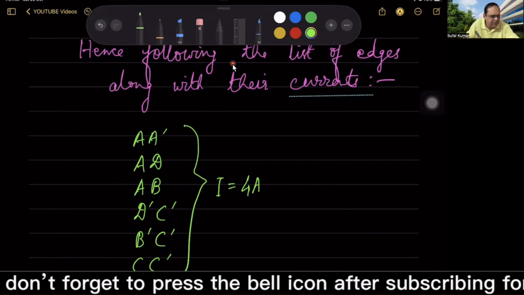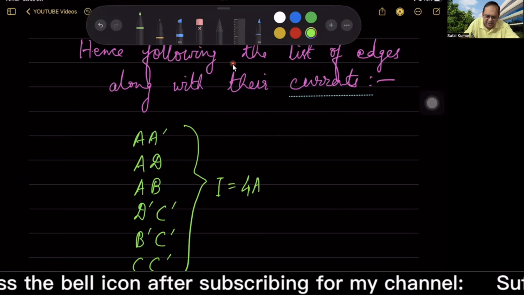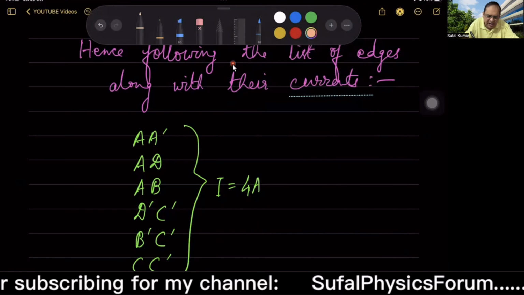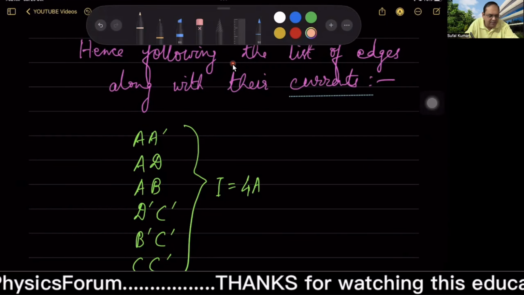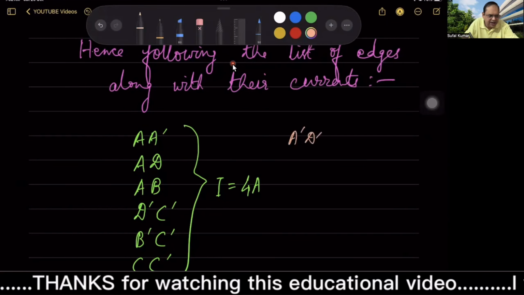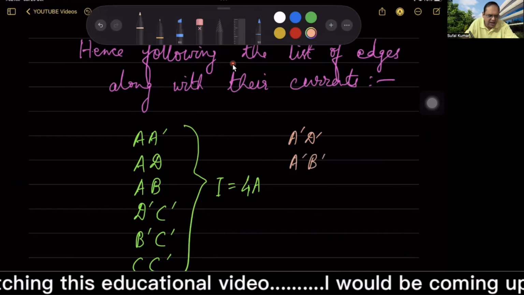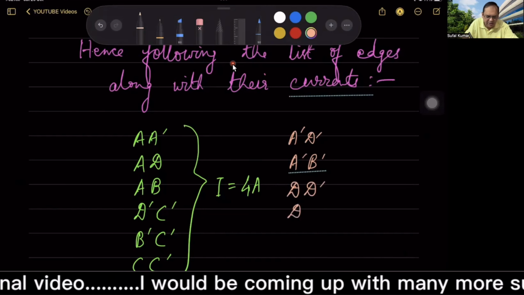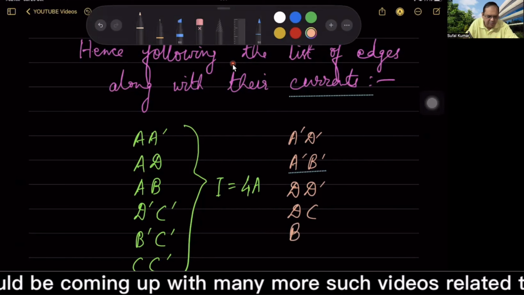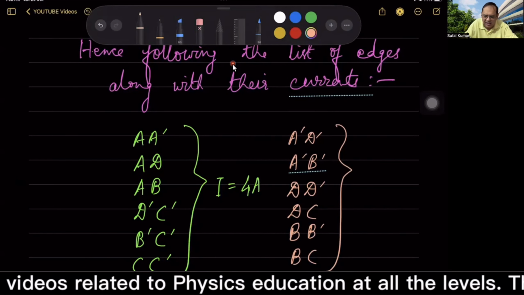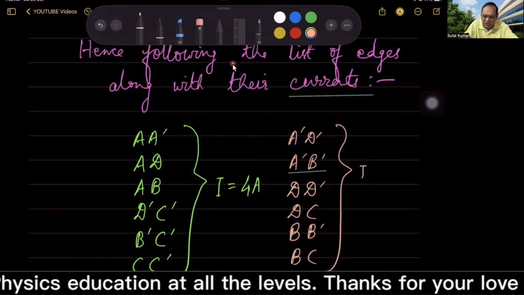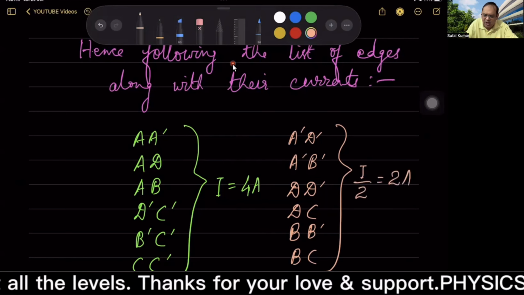Now again I'll be listing the remaining edges which have I by 2: A'D', A'B', DD', DC, then BB'. All these 6 edges have a current of I by 2, that means 2 ampere.